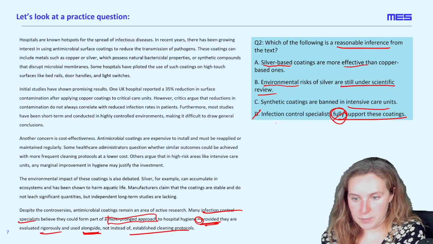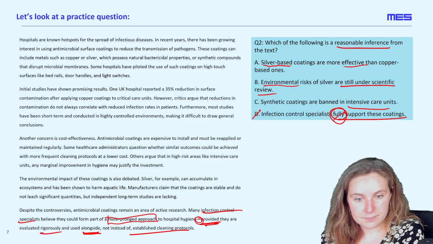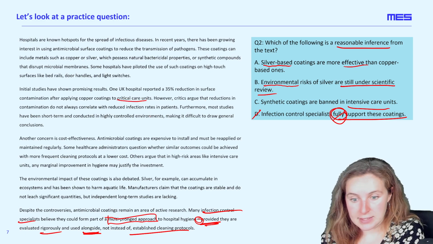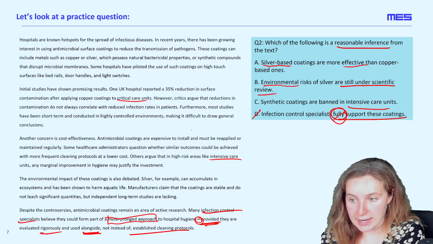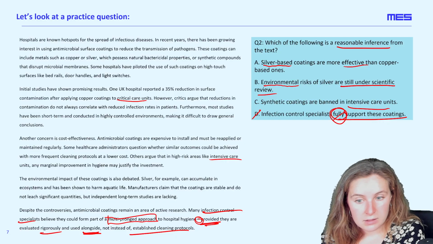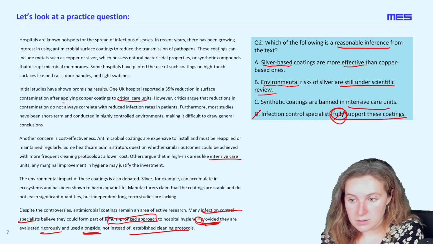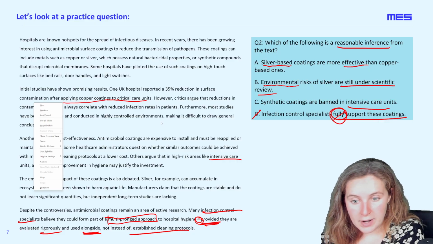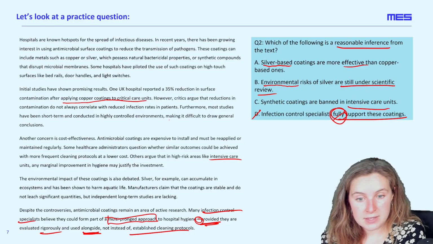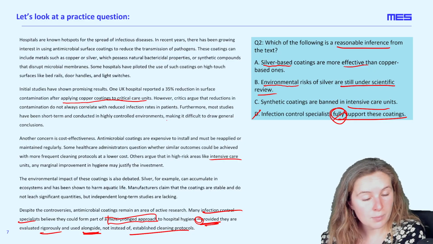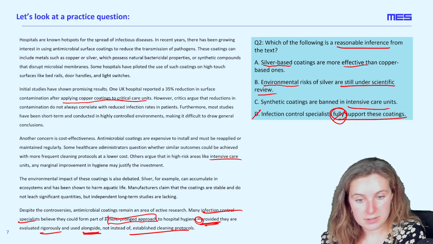Let's take a look at some of the other words. We know that critical care units and intensive care units appear in these two paragraphs. So let's give a scan here. Okay, well, we can see that already this answer can't be right, because synthetic coatings like copper have been used in critical care units.